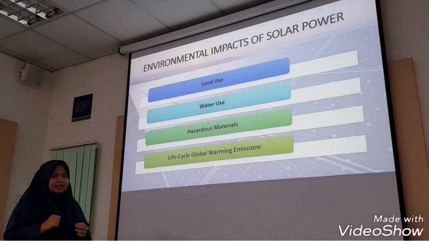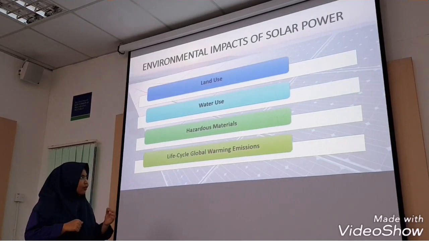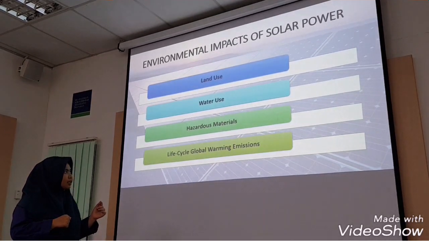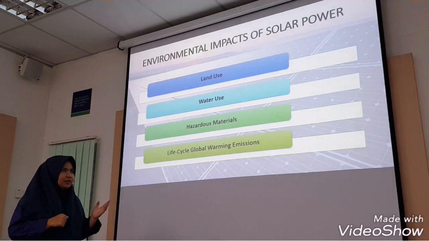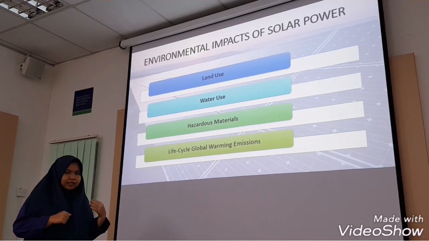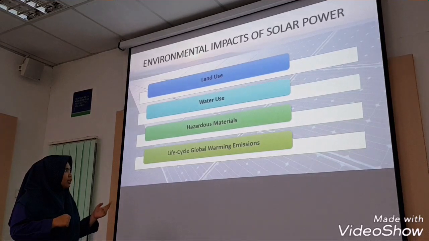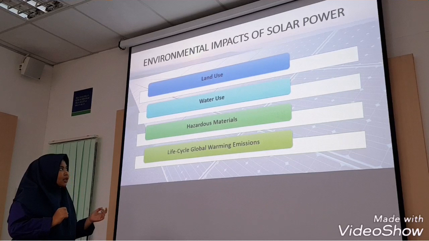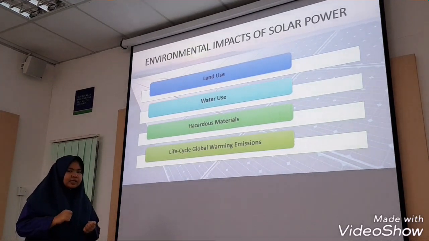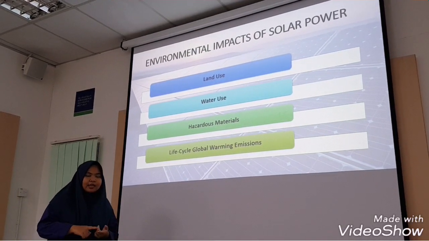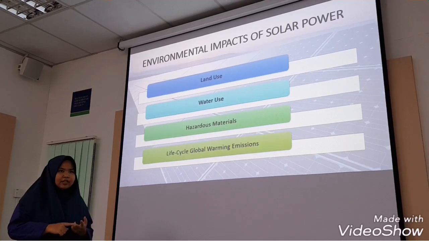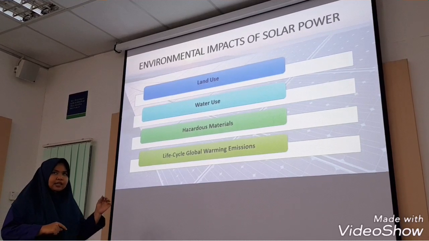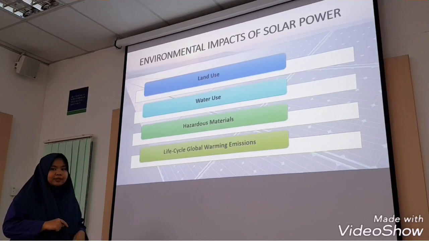The next is hazardous materials. Even though solar photovoltaic doesn't emit greenhouse gas while generating electricity, during manufacturing and installation it requires hazardous materials such as hydrochloric acid, acetic acid, nitric acid, trichloroethane, and acetone to be used as cleaning agents for the semiconductor.